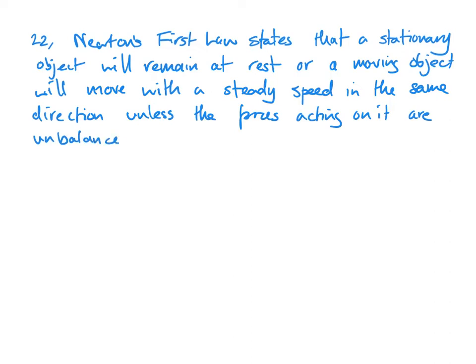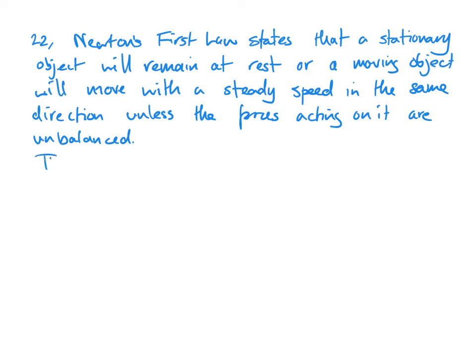So basically these things can only change. If you're stationary, you can only start moving if you've got an unbalanced force. If you're moving at steady speed in a straight line, that will continue until you apply an unbalanced force.